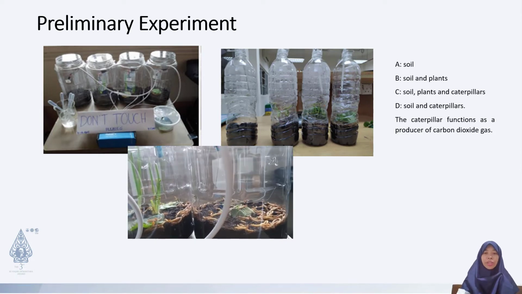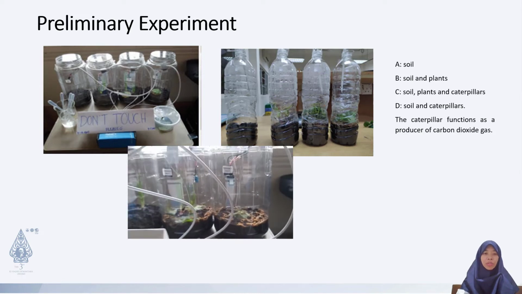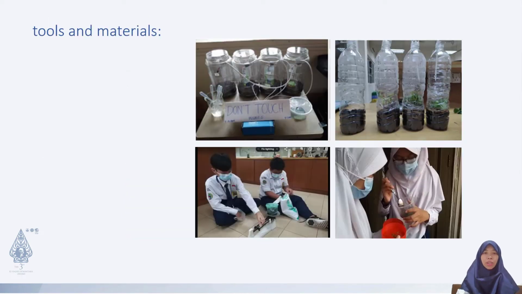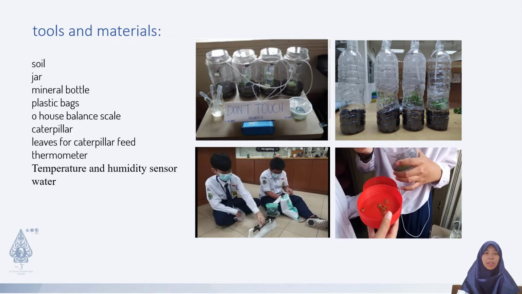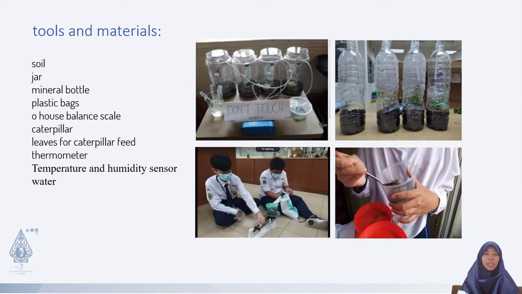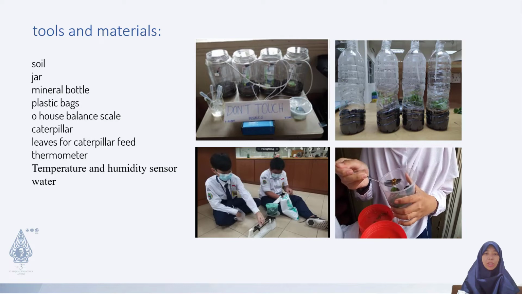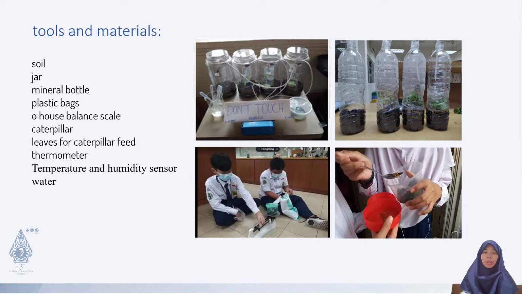The greenhouse effect simulation design of 7.1 and 7.2 students can be seen in this picture. Tools and materials needed are soil, jar, mineral bottle, plastic bags, balance scale, caterpillars, leaves for caterpillar feed, thermometer, temperature and humidity sensor, and water.